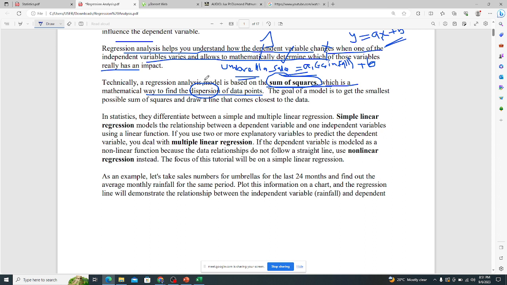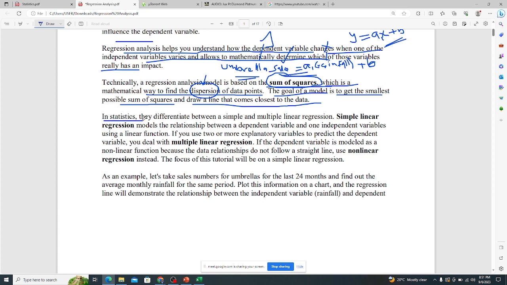Remember, measures of dispersion, or measures of variability, are variance, standard deviation, and sometimes covariance. The goal of a model is to get the smallest possible variance and draw a line that comes closest to your data. We shall see that.